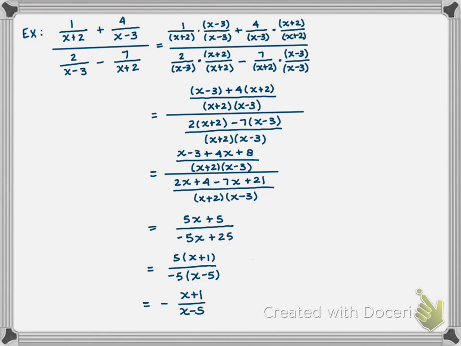So from here to here, I clearly skip some stuff. But notice that the denominators are exactly the same in the numerator and denominator in that step. If you look at your work and you wrote it all out, notice that you ended up just canceling that x plus 2 times x minus 3, because when the denominators are the same and you take the reciprocal of one of them, they cancel.